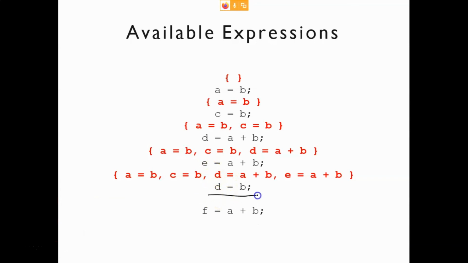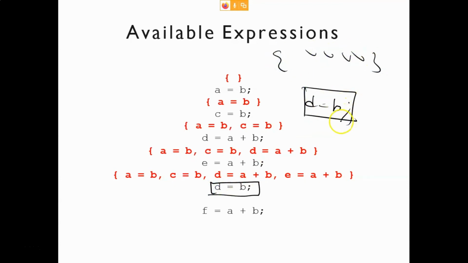Basically, when you have this type of statement, let's assume before this statement this is your set of available expressions. Then after this statement, what will be the set of available expressions? In this set, you include this expression, of course, because this expression is definitely available at this point of time.